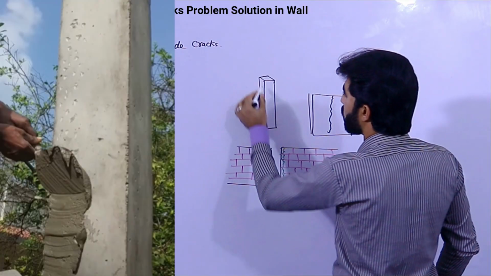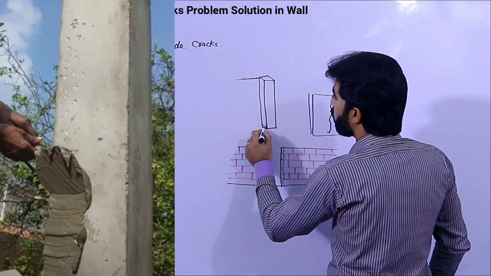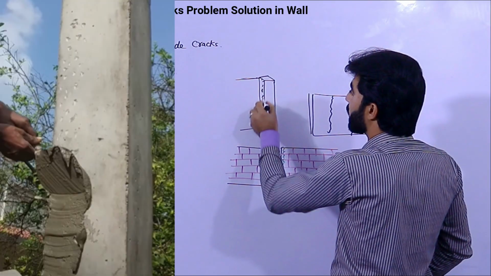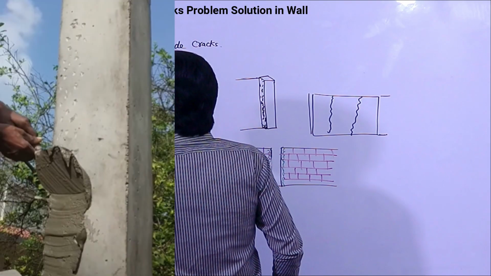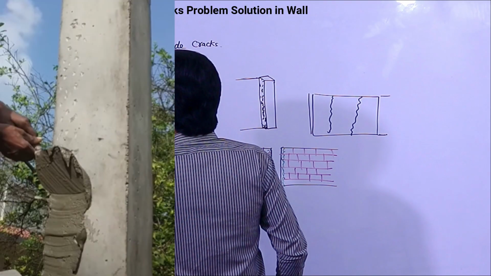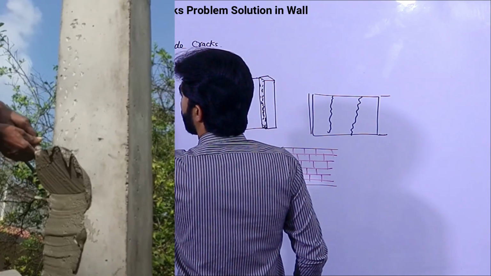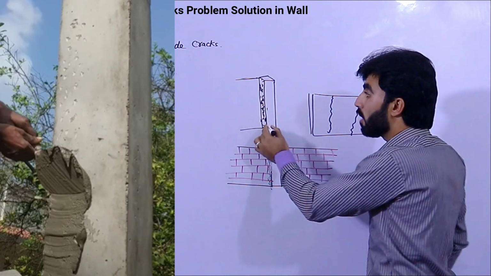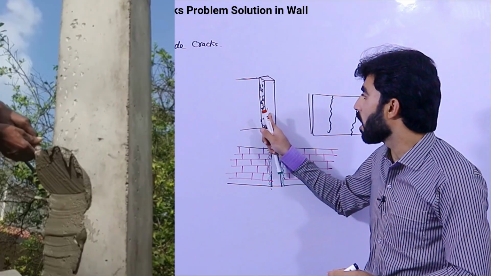When you are providing the wall, before starting the wall, make the surface of the column rough. So the surface of the column should be rough. With a hammer you can make roughness in the column.